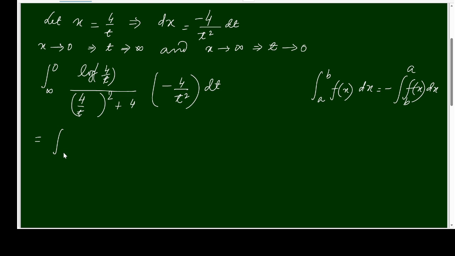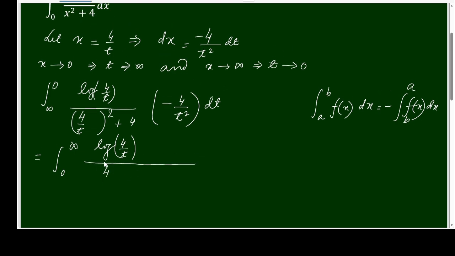This will be 0 to infinity log 4 by t, and here 4 by t whole square plus 4, whole into t square by 4.